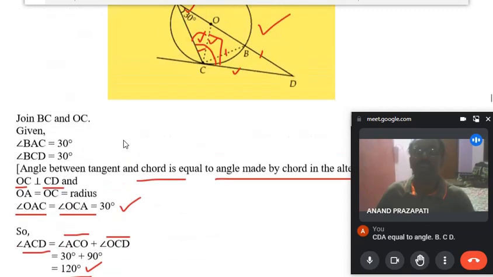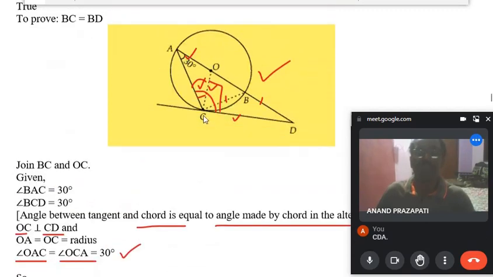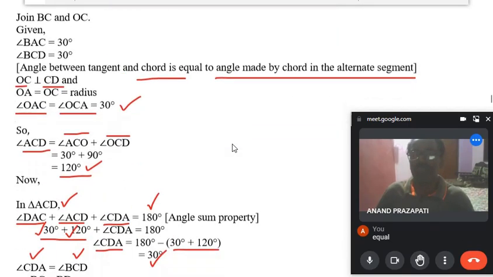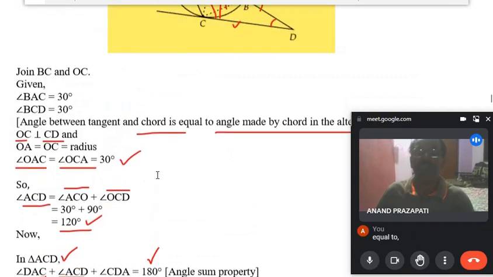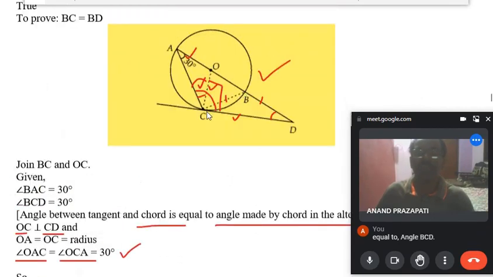Angle CDA, it means this angle, equals angle BCD, it means this angle. In triangle CDB, these two angles are equal.